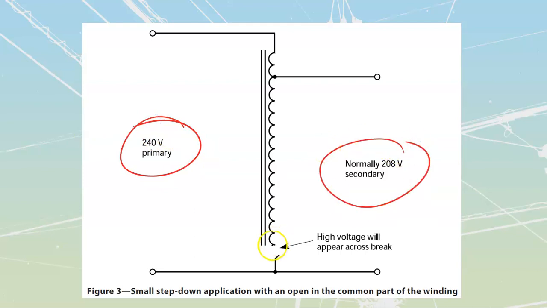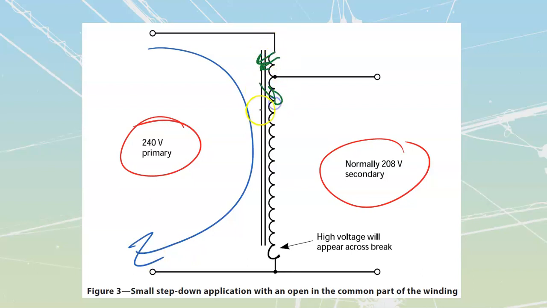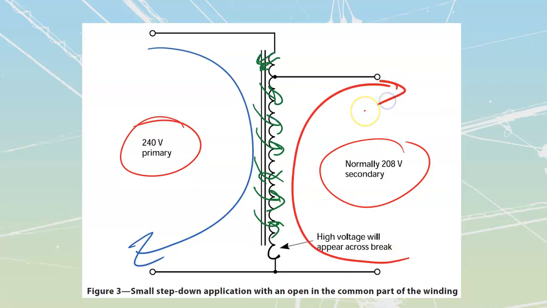Normally I'm going to have my windings connected across here, which means that once again I'm going to have current through my primary that is going to be fluxing up that core, transferring flux into the core, and then that flux is going to get divided across all of these, and we're going to have a counter EMF that's going to get built up in our secondary, and we're going to deliver proper rated line voltage over here. Normally that would be 208.